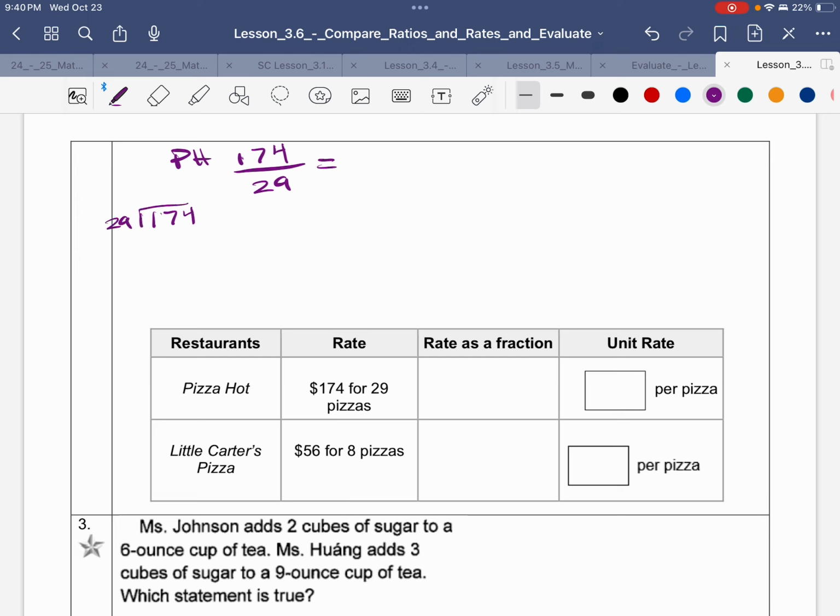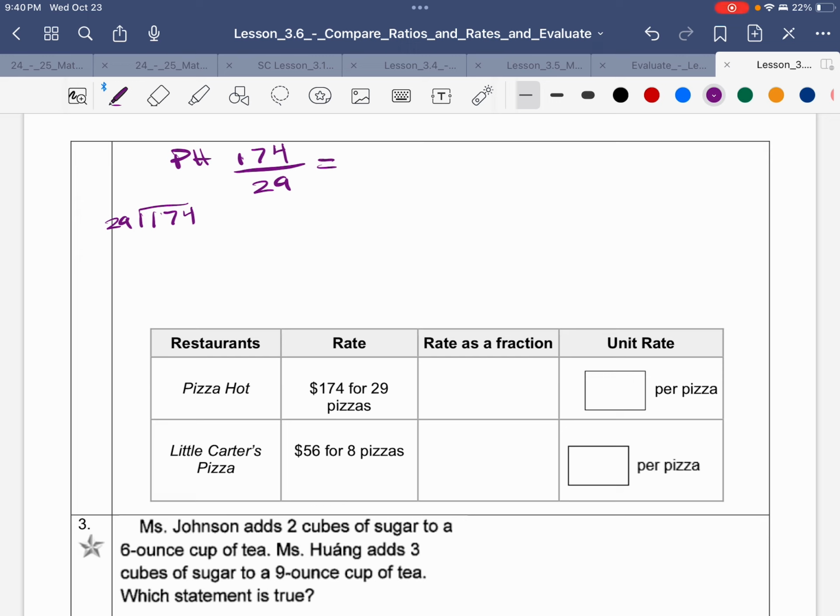29 pizzas. Remember, I kind of do guess and check based on my knowledge of estimating. This 29 is almost 30, and we need to get 30 to almost 170. I know 30 times 5 is 150. 30 times 6 is 180.